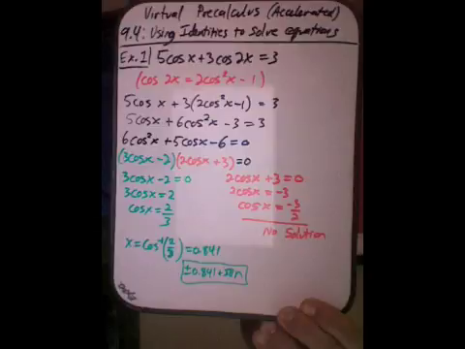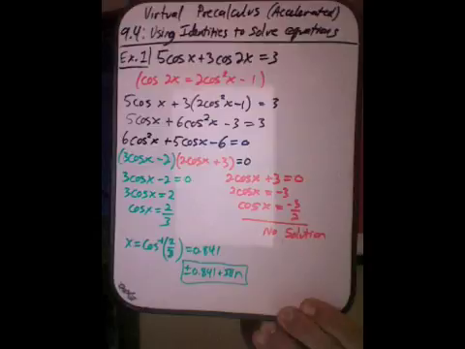One of them yields the solution inverse cosine of 2/3, which is 0.841, and since inverse cosine only gives us one value from our calculator, we have to remember that the negative of that is also a possibility, and of course plus 2 pi n. The other factor yields that x would be the inverse cosine of negative 3/2, but we know that that's not going to give us any answers because the cosine of an angle can't be outside of from -1 to 1, and so this branch of our solution doesn't yield us anything.